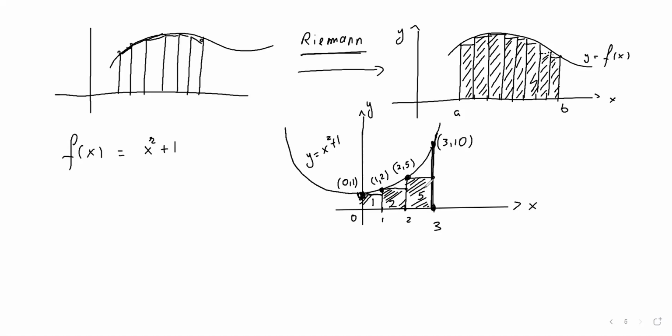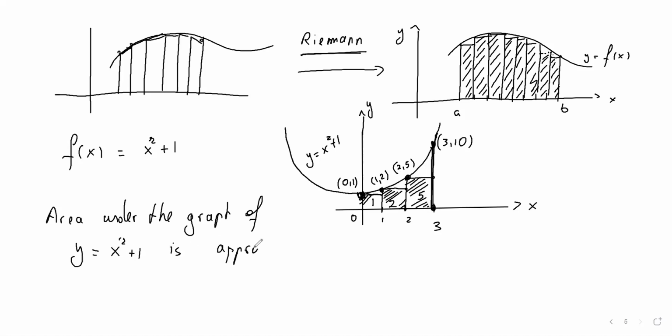So without much effort, folks, we can say that the area under the graph of y equals x squared plus 1 is approximately 1 plus 2 plus 5, which ends up being 8.